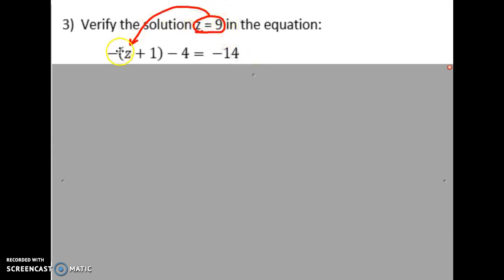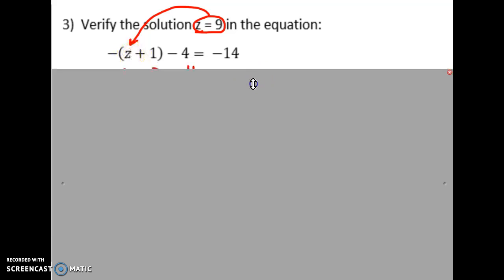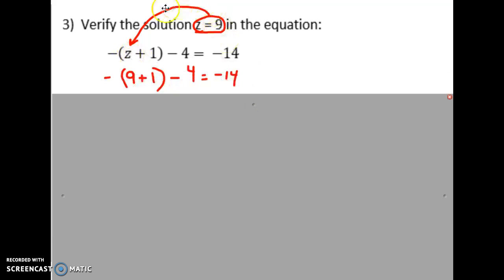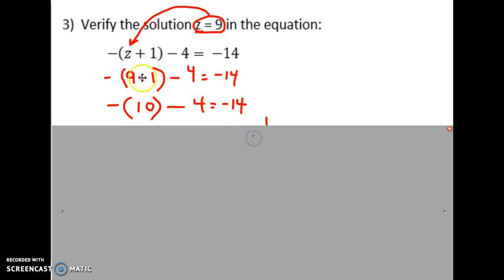Again, substitution in this equation only happens right here because that's the only place we found a z. So when you substitute, 9 goes in, you still have the parentheses with the +1. And you still have this negative sign out front and the -4. Again, this -14 stays. And then you're going to start doing your order of operations. We always do the math inside the parentheses, so that's where we get 10.